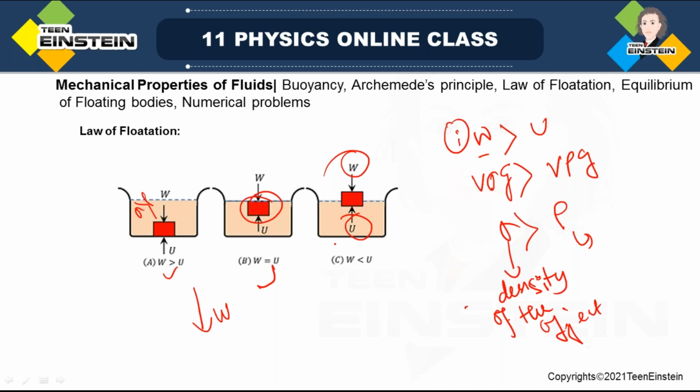And when the gravitational force W is less than the upward force, the body will emerge in water. This is because the body sinks only due to its weight.